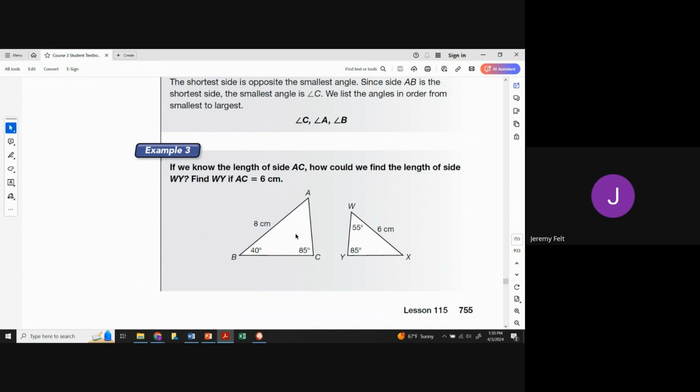We're looking for AC, or sorry, we're given AC is 6 centimeters, so 6 right there.